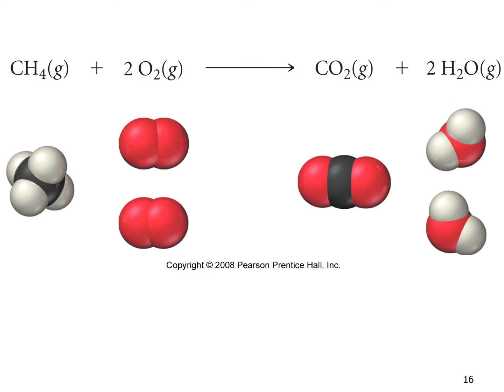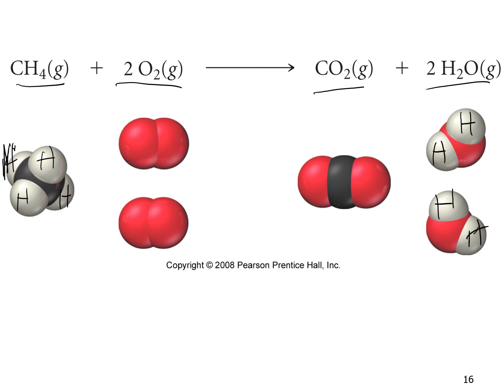This slide shows us at the molecular level the balanced equation between methane, CH4, with 2 oxygens producing carbon dioxide and 2 water molecules. So again, CH4 is represented here. The white spheres represent our hydrogens, and we can see there's 4 hydrogens in that 1 molecule. On the right, in the 2 water molecules, again, the whites are our hydrogens.